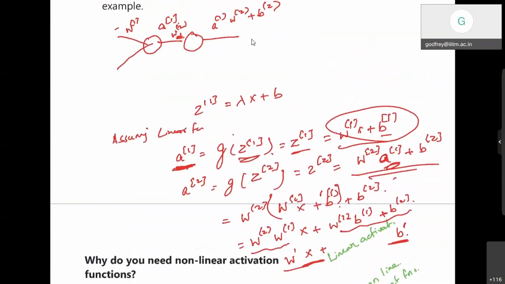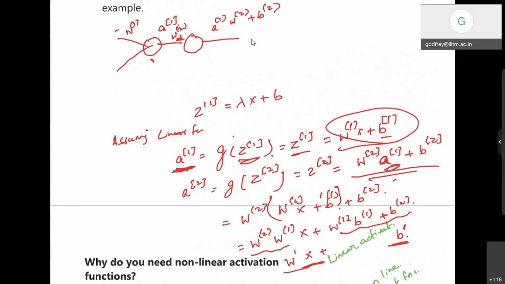So here we had a hidden layer. This hidden layer used a linear function, and in the output layer also we had a linear function. Since you had a linear function, the hidden layer did not introduce any kind of non-linearity. So the result is also linear. No matter how many hidden layers you have, if you have only linear functions, the result is always going to be linear.